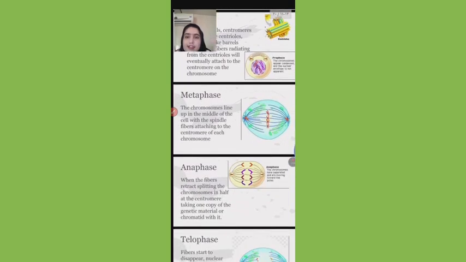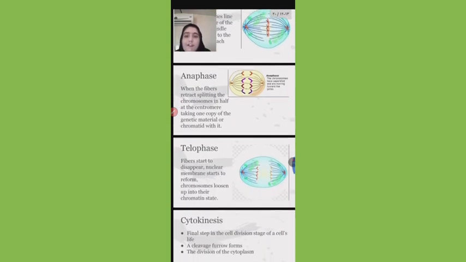The next step is metaphase. The chromosomes line up in the middle of the cell with the spindle fibers attached to the centromere of each chromosome. The next, anaphase.